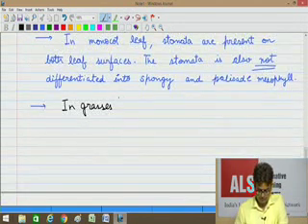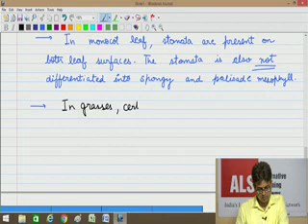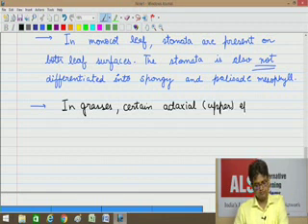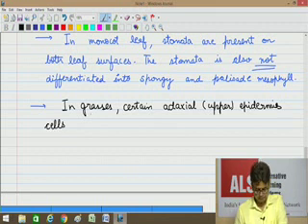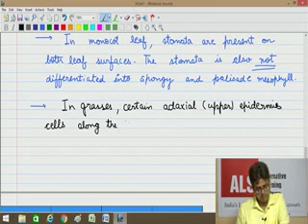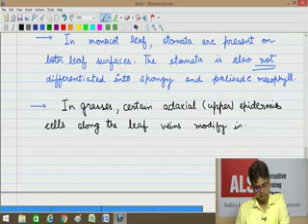In grasses, certain adaxial epidermis cells, adaxial means upper epidermis, cells along the leaf veins, modify into large empty colorless cells.